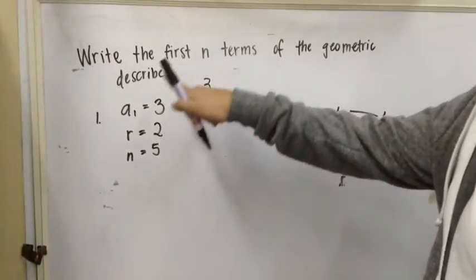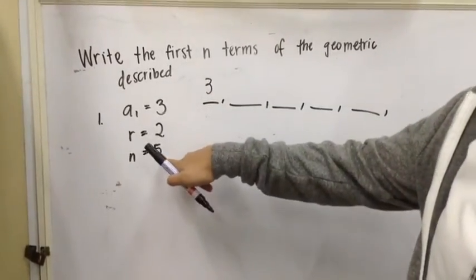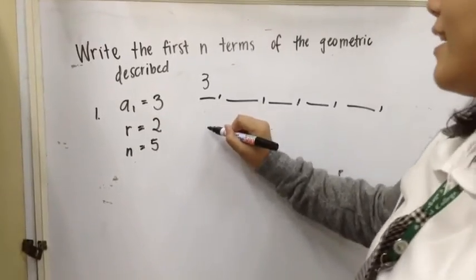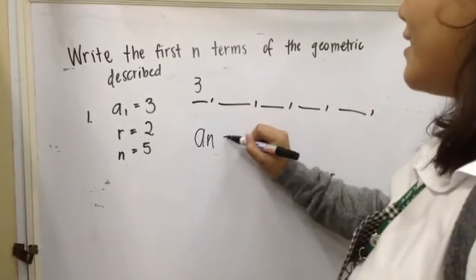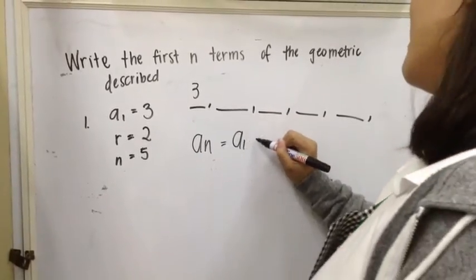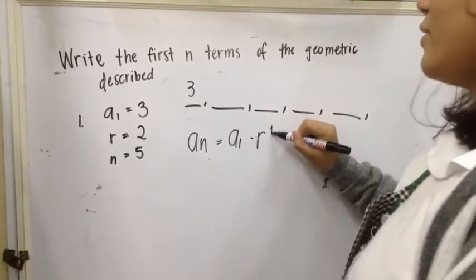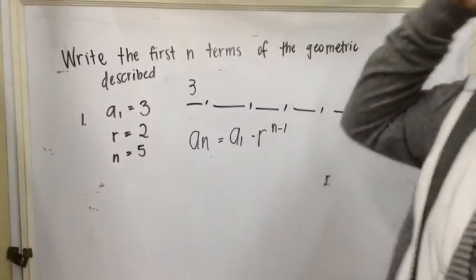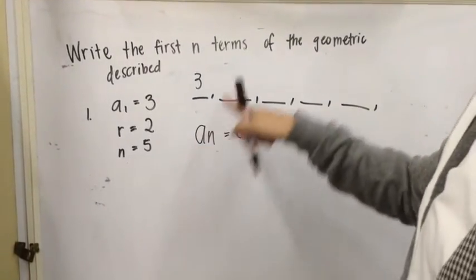So the problem is, write the first n terms of the geometric sequence described. So a sub 1 is given, which is 3, r is equal to 2, and n is equal to 5. To get the next terms, you have to substitute to the formula. The formula is a sub n is equal to a sub 1 times r raised to n minus 1.